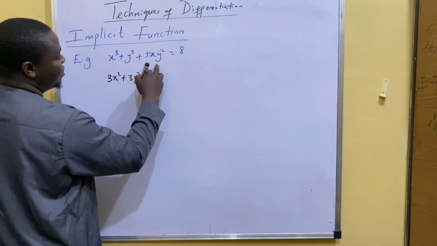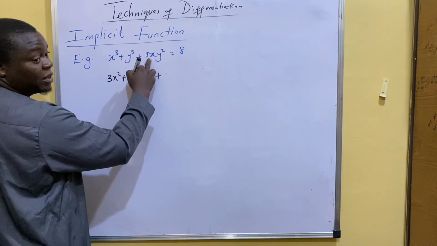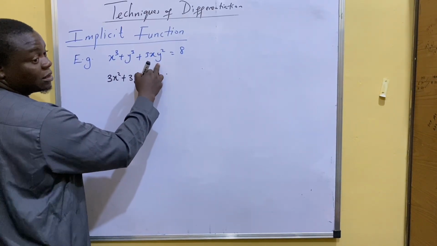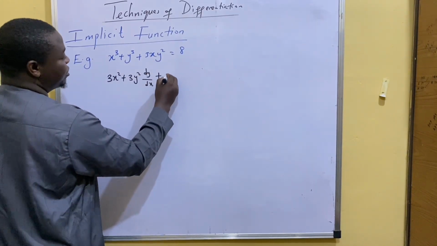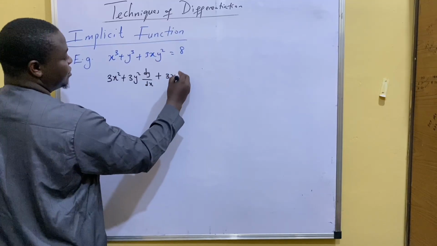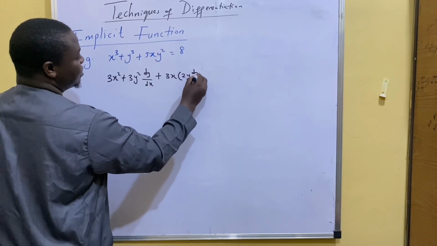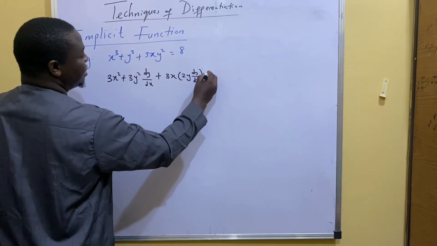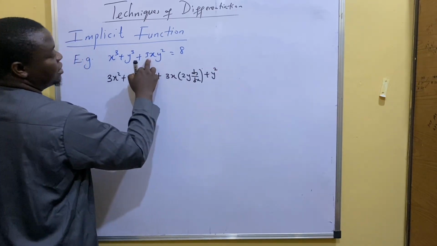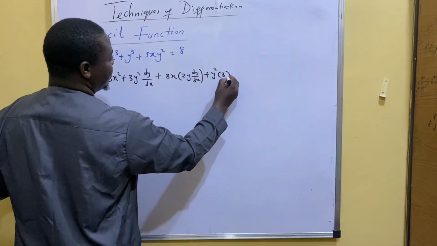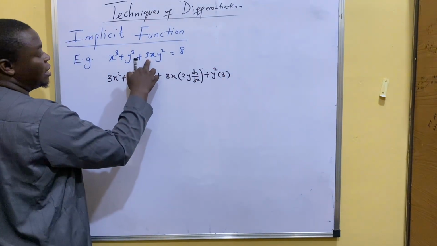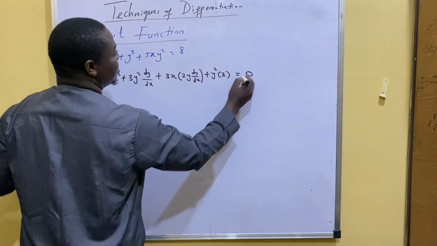When we apply the product rule here, we make 3x u and y squared v. So keep u, differentiate v, we have 2y dy/dx. Then keep v and differentiate u, that will just give us 3, because we made 3x u. This will now be equal to 0.